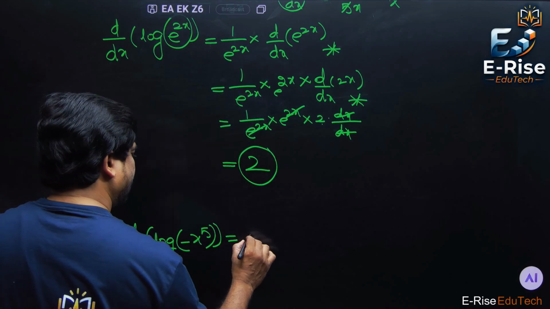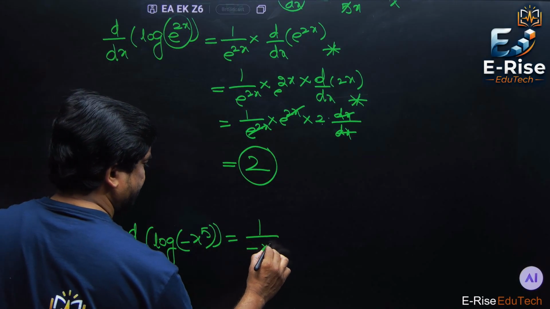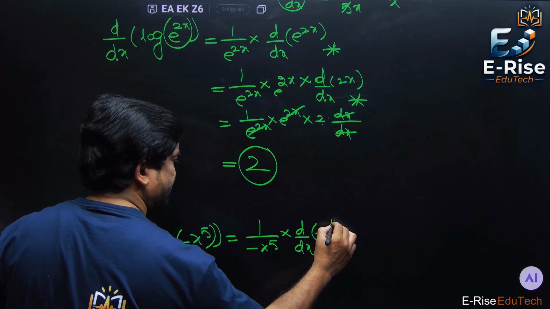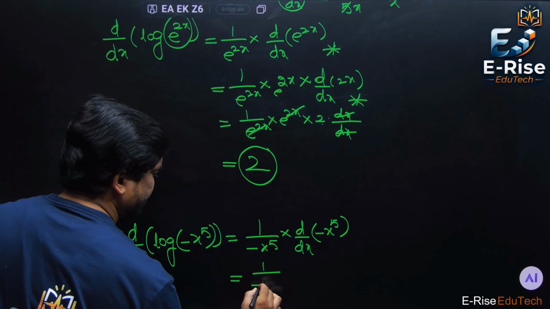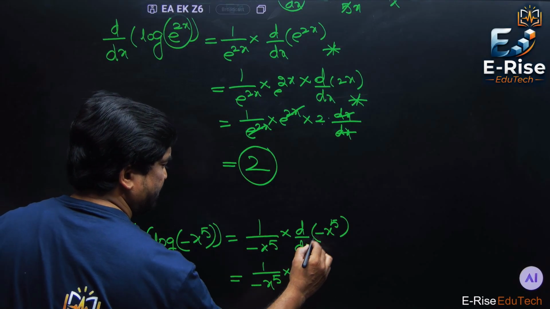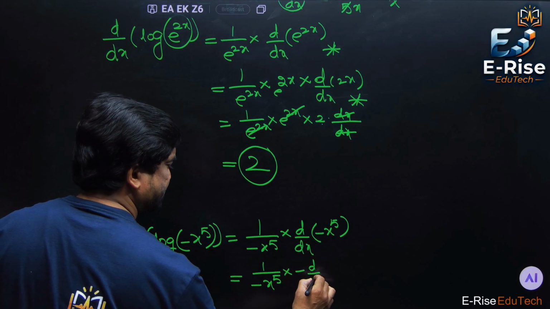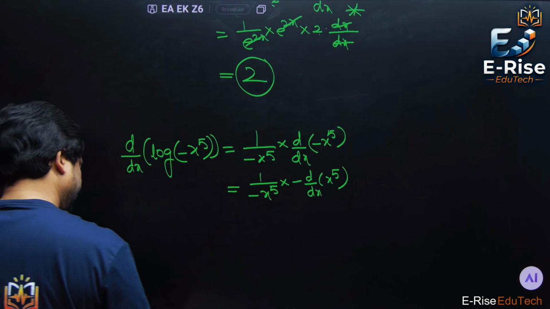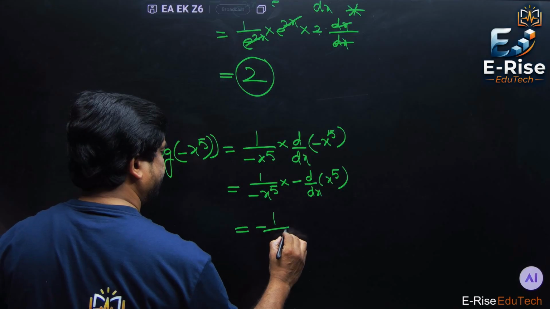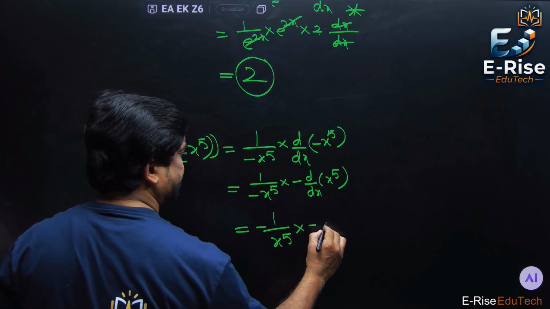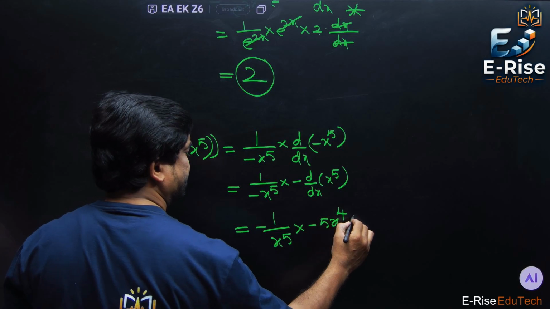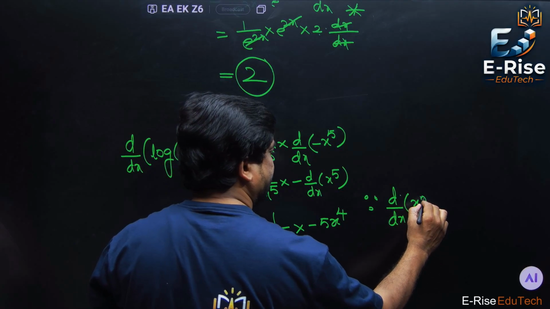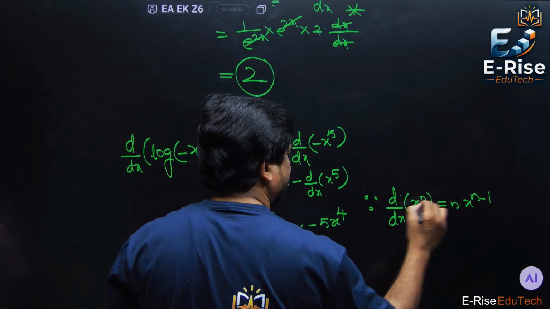Simply, in place of x is minus x power 5, and d by dx of minus x to the power 5 simplifies to minus 1 by minus x to the power 5 into, so minus is there, and minus is right before d by dx of x power 5. So 1 by minus of x power 5 into minus 5x power 4, because you can apply the formula d by dx of x to the power n equal to n into x power n minus 1.